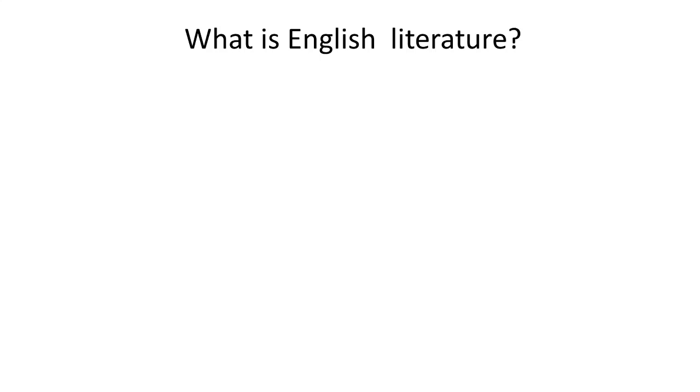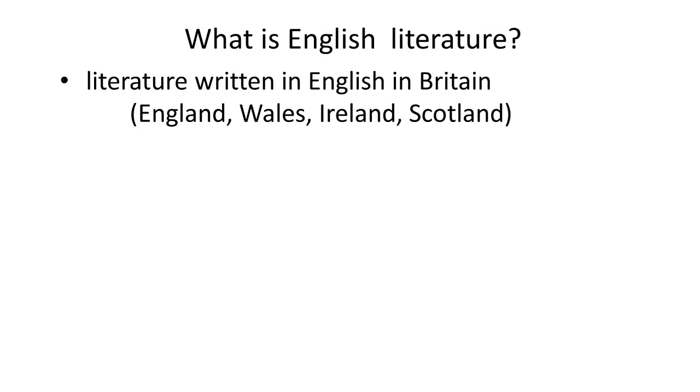So, what is English literature then? English literature is the literature that is written in English and most importantly in Britain. So, what is Britain? Britain contains these four places, that is England, Wales, Ireland, Scotland. Other than England, in Wales and Ireland and Scotland, they have their own language like Welsh, Irish, and Scots, but they also write in English.